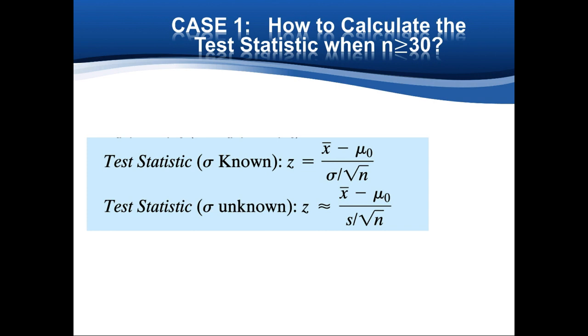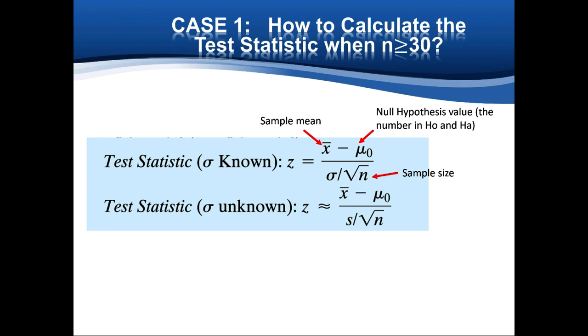Case 1, when n is bigger or equal to 30, how to calculate the test statistic. The test statistic will be a z-score equal to x bar, which is the sample mean, minus mu0, which is the null hypothesis value, the number in H0 and HA, and then divided by sigma, the population standard deviation, divided by the square root of n, where n is the sample size.